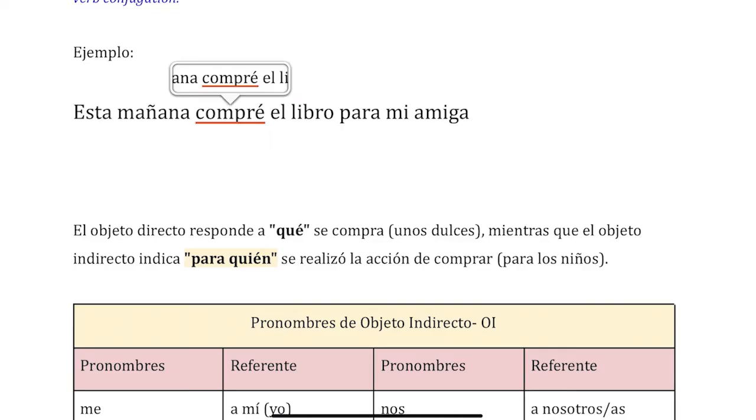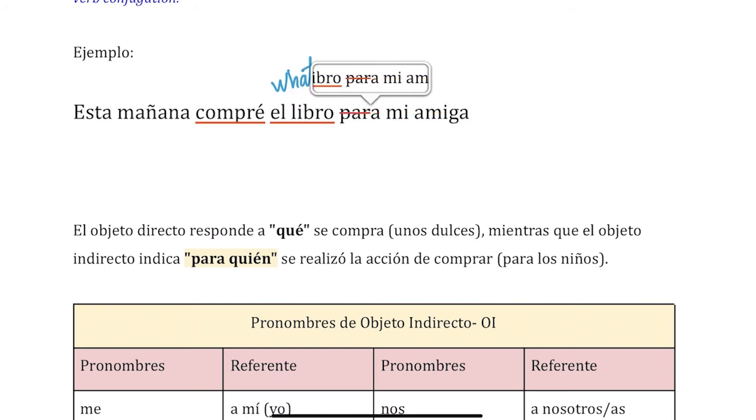For instance, in the example, esta mañana compré el libro para mi amiga. Compré will be the verb. We talk about how el libro is going to be the direct object because it's responding to the question what.